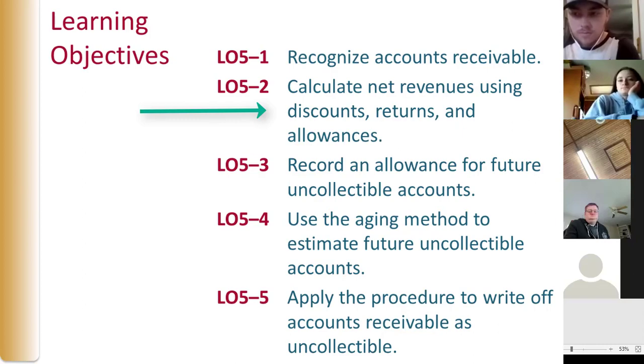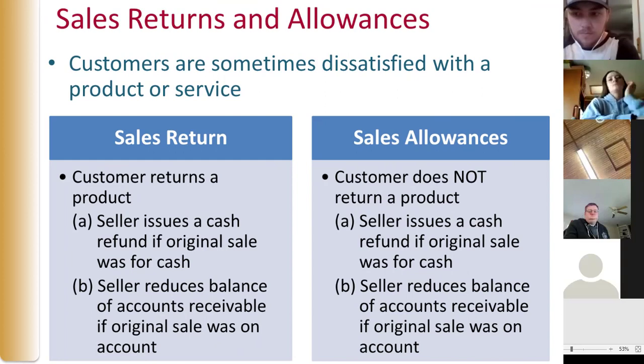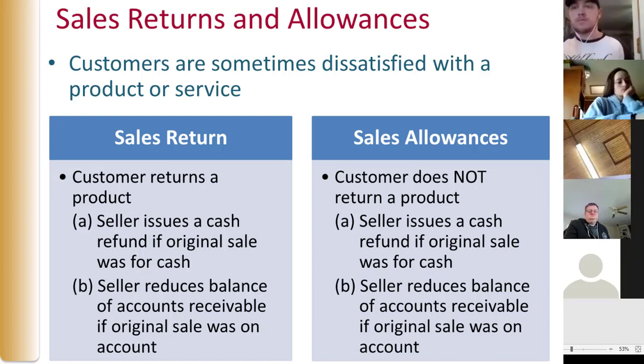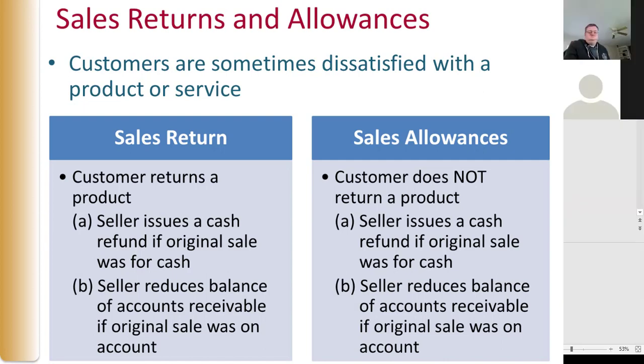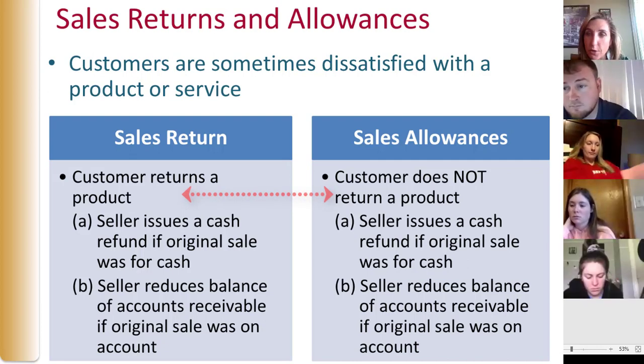So the major difference between the sales return account and the sales allowance is that by definition, a sales allowance account is used when you don't receive the product back. So if you are selling, I can't remember if I used this example in class or not, but if you're selling soccer balls and your client, I purchased the wrong size soccer ball one time on Amazon, and then I went to return it and they said, just keep it.